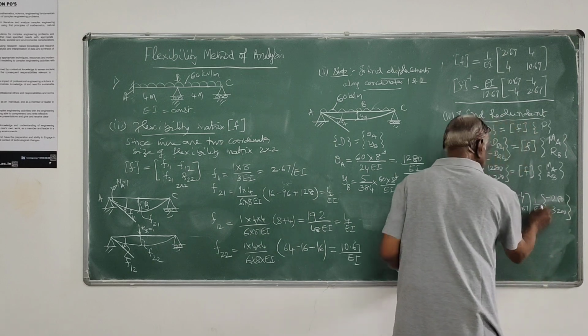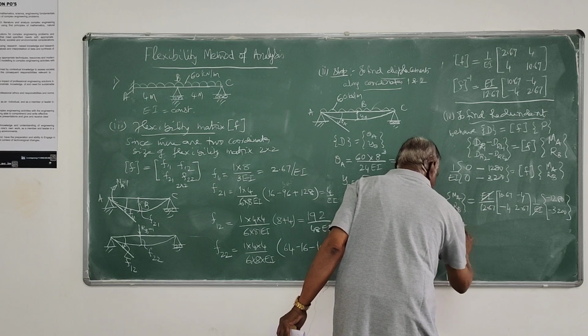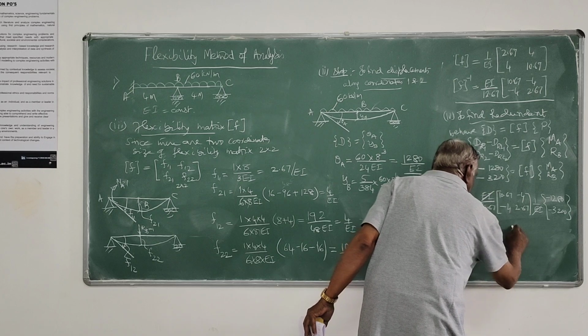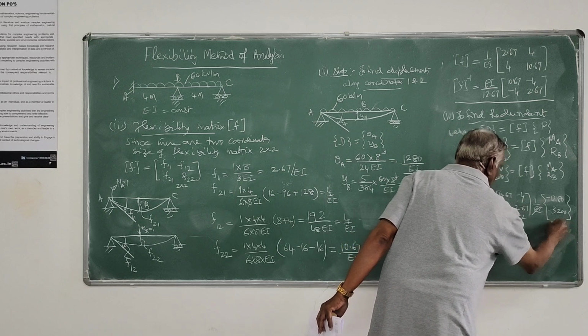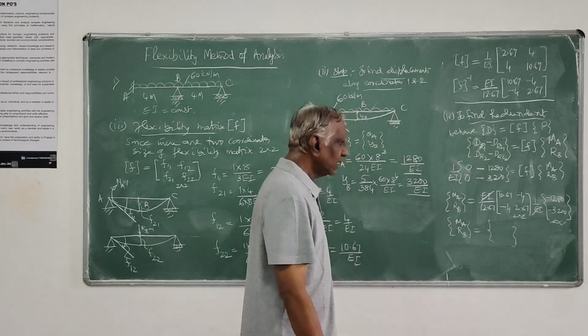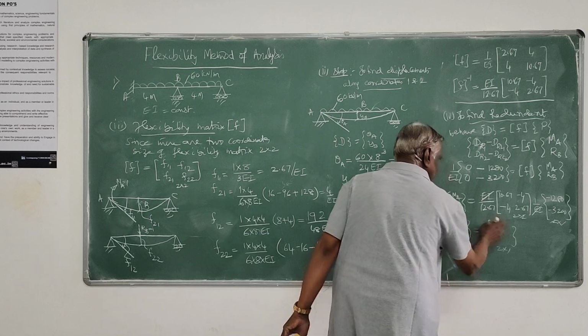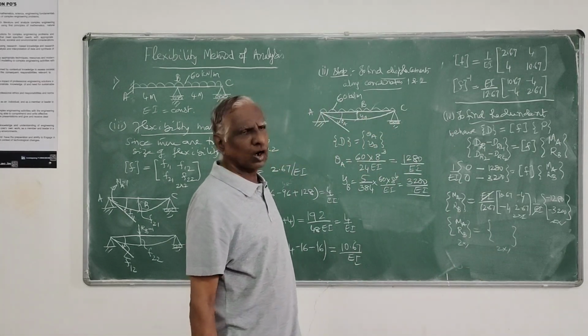So this EI gets cancelled. You will have the redundant force values MA and RB. Because this is 2 by 2 and this is 2 by 1, the resulting matrix will be 2 by 1. Straight away you can get the values of MA and RB.